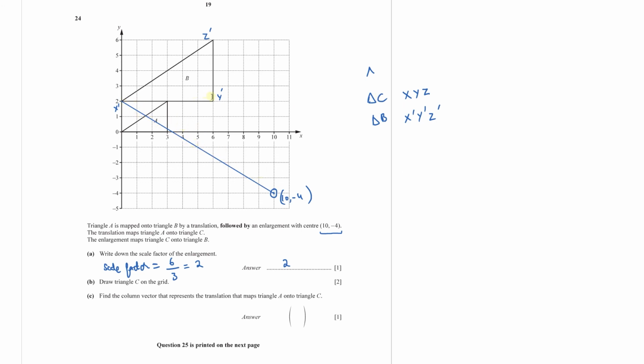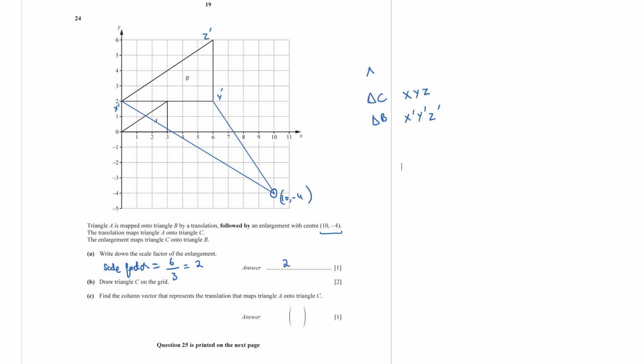Similarly, if I join Y prime with my center of enlargement like this, my Y is somewhere on this line as well. Y is the vertex of triangle C.